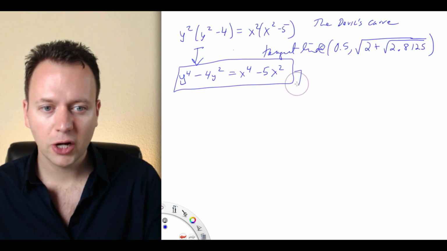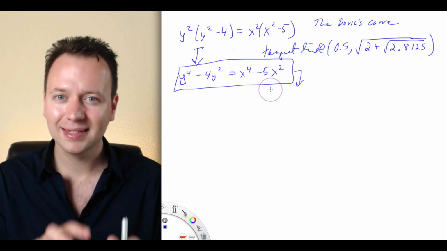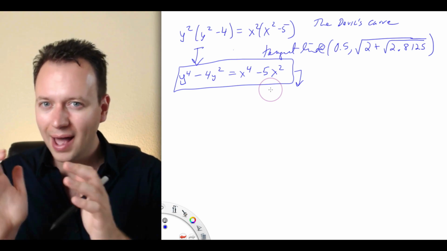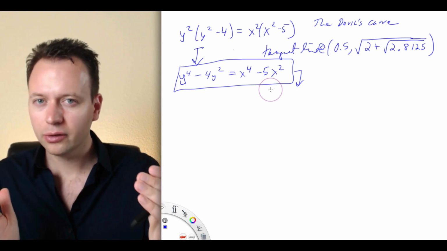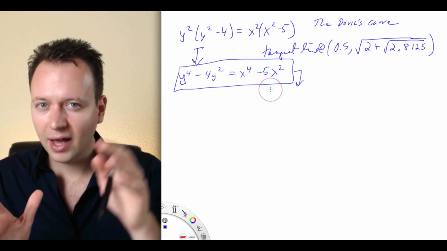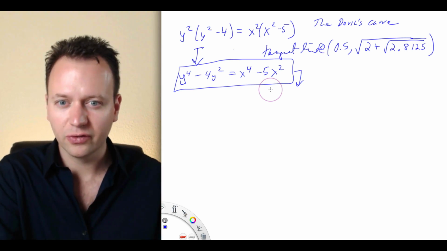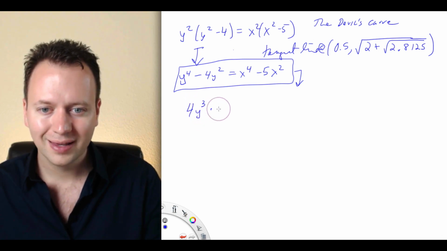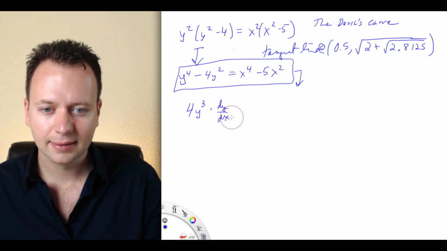To differentiate this, we treat y as a secret function of x. So y to the fourth is basically y of x to the fourth, so the chain rule comes into effect. 4y of x cubed times the derivative of the inside. So this becomes 4y cubed times dy dx.